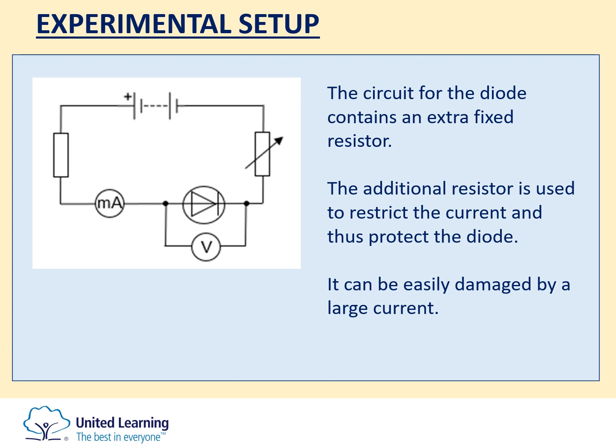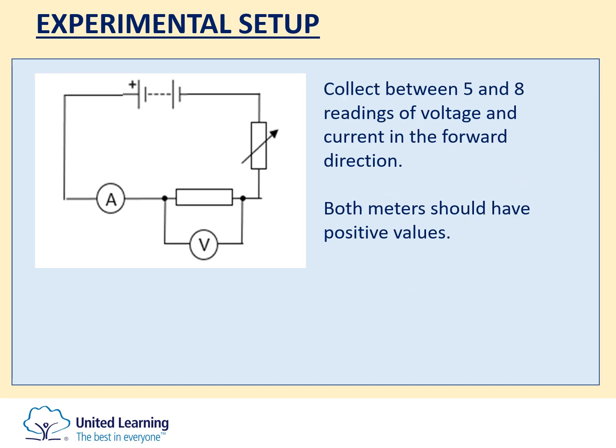Now, coming back to the resistor. When you've got the circuit set up like this, you want to collect between 5 and 8 readings with the voltage and the current going in the forward direction. So both of your meters should have positive readings on them.